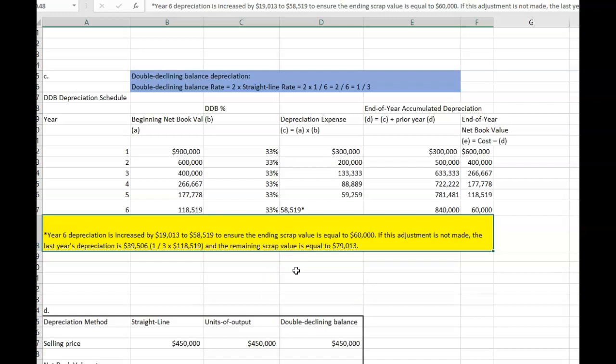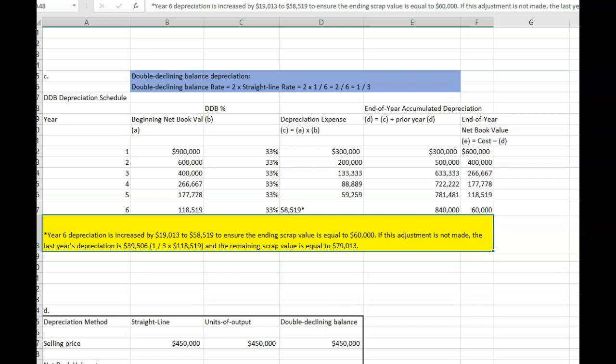So we take the difference between 79,013 and subtract out the 60,000. That additional amount, 19,013, is added to what would have been the depreciation for year 6. Okay, so if you need to stop, rewind, and listen to that again, but we increase the depreciation in the last year to knock out anything remaining and get it down to its salvage value.